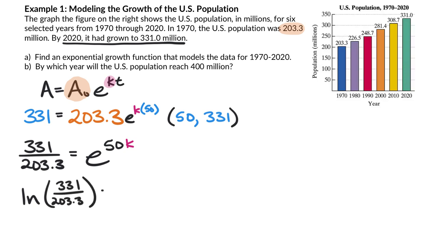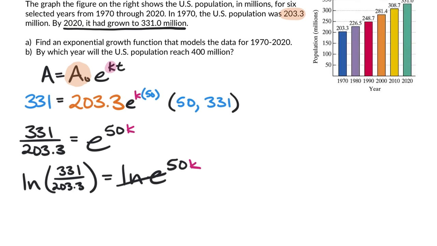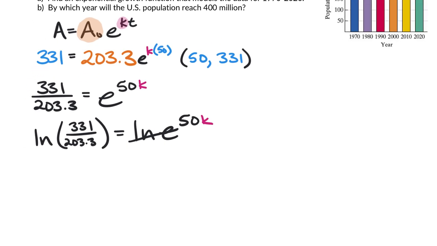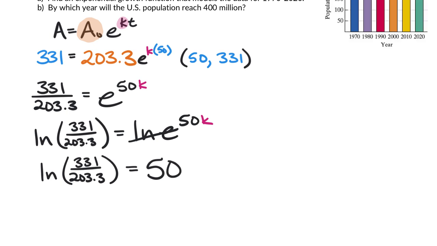So we have the natural log of both the right side and the left side. Your spidey senses should be going off on the right side. What's going to happen that's really nice and simple on the right side? Yeah, the natural log and the e are going to cancel each other out essentially. So you're only left with that 50k. So I have natural log of 331 over 203.3 equal to 50 times k.